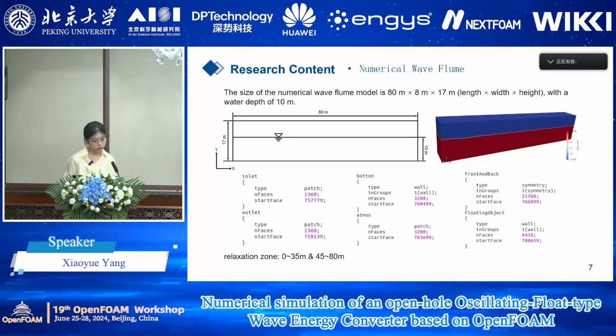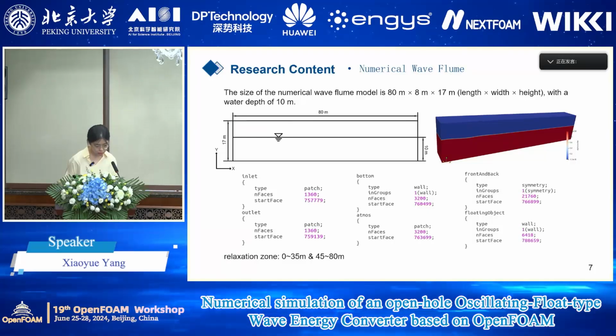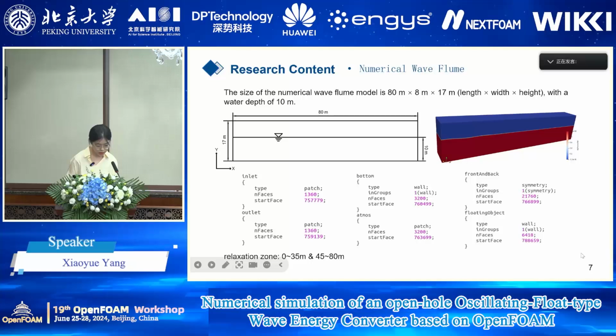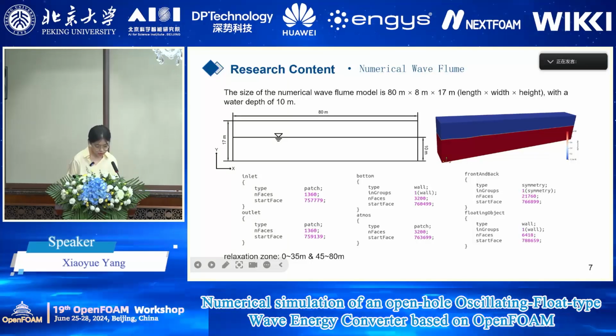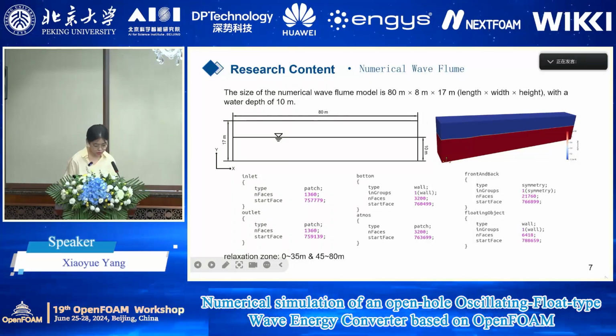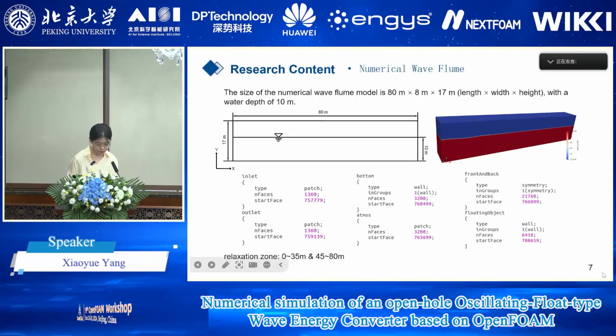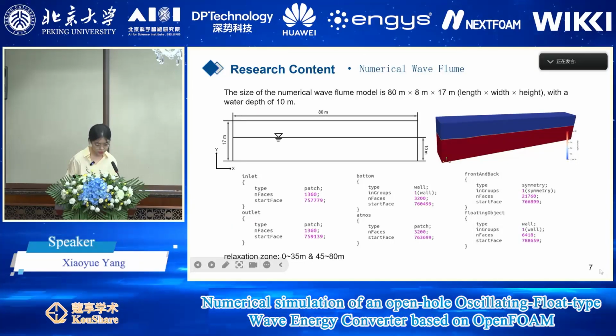We set relaxation zones at both the inlet and the outlet. The background grid size has an aspect ratio from 1 to 4, and the grid in the free surface area is refined.